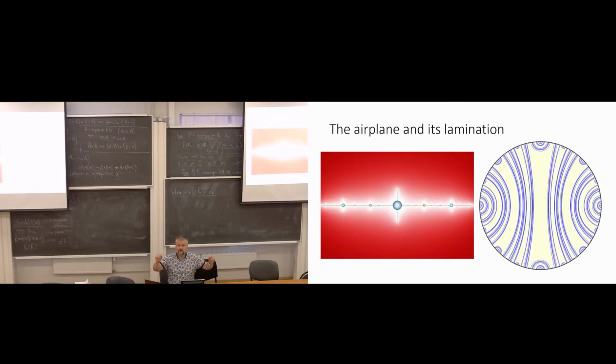You'll see an interval. Then you remove countably many open subintervals from the interval, so what remains is a Cantor set. But in each hole of the Cantor set, you put a disk. Okay? So instead of a hole, you put a disk.